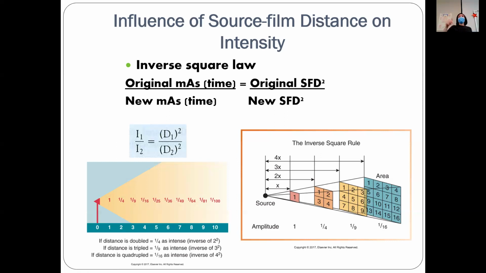That's why they call it an inverse square. So the intensity decreases as the length of your BID increases. The longer the BID you have, the weaker the beam you have. And so you'd have to increase your power or intensity. Let's see, what would you do? Do they want you to increase MA or KVP? Let me see.